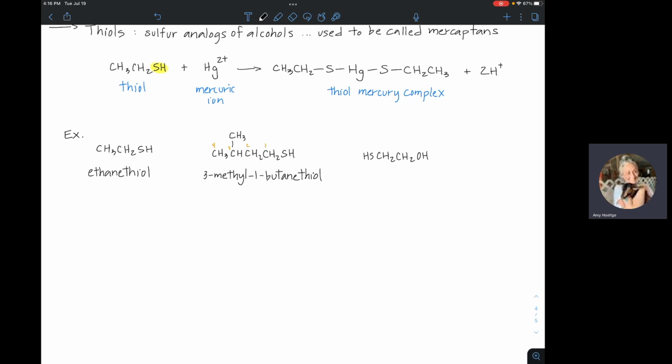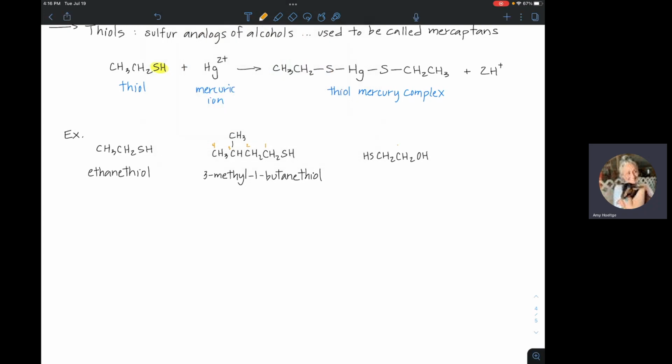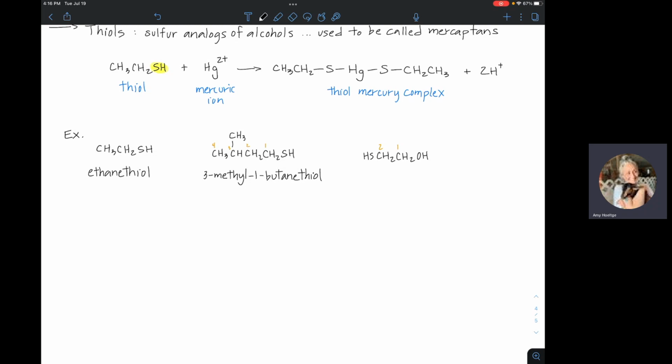In this case, since we are prioritizing the alcohol, that gets carbon 1, that gets carbon 2. And in that case, the sulfhydryl group becomes a substituent. If that happens, we use the word mercapto. So this will be 2-mercaptoethanol.